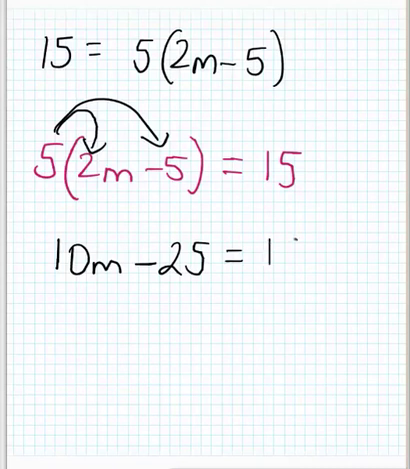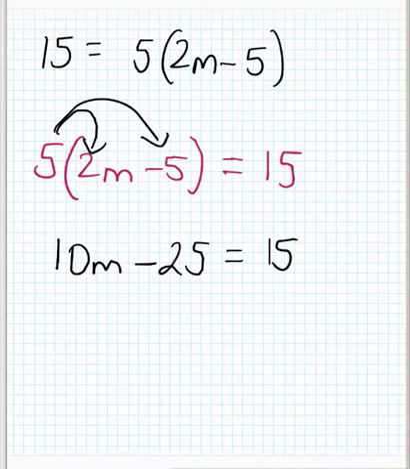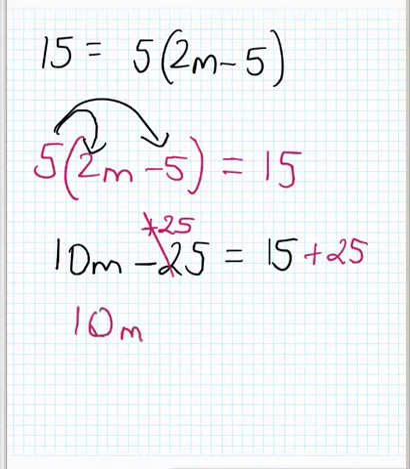Equals 15. And now all we have to do is solve this. It's really easy. So we know that the minus 25 goes first because it's the furthest away. So opposite of minus 25 is plus 25, and then plus 25 here. So we've got 10m equals 15 plus 25 is 30.